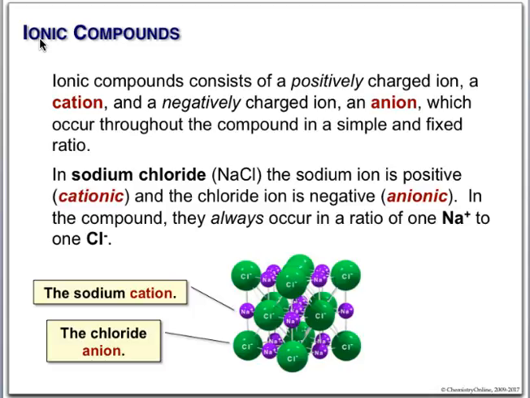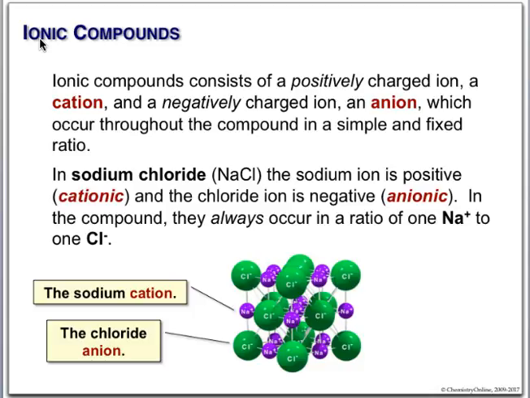A positively charged ion is called a cation. Cat, like a kitty cat. A negatively charged ion is called an anion. So here we have cations and anions. This is the sodium cation plus 1 and the chloride anion minus 1.